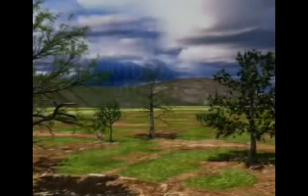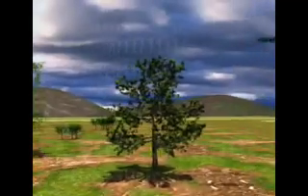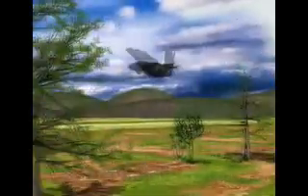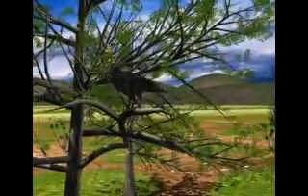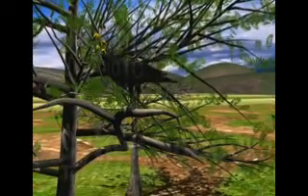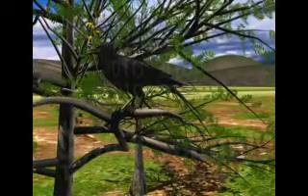Wind-dispersed fruits such as sycamore have wings to carry them far and wide. Animals help in the dispersal of fruits and seeds as well. Birds such as this crow eat the fruit from a neem tree.